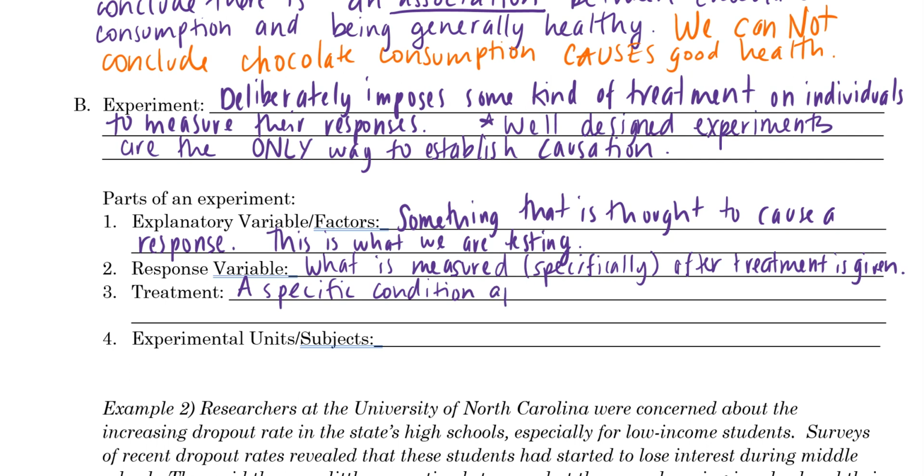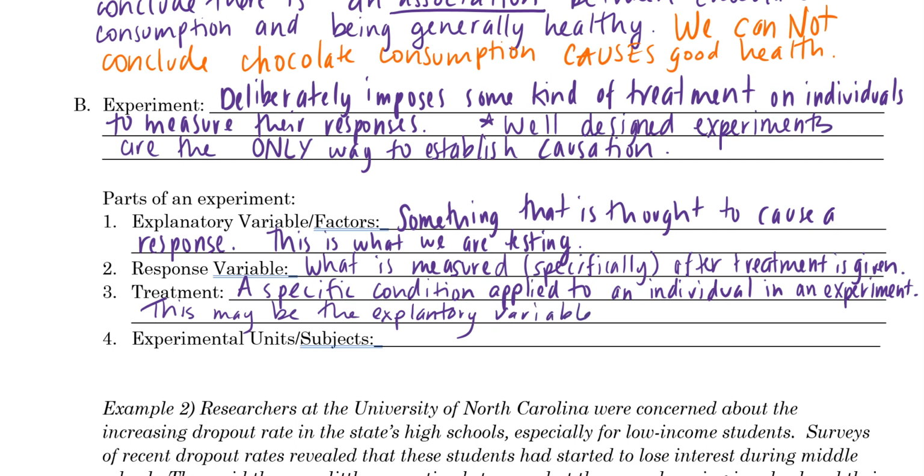So specific condition applied to an individual in an experiment. And this might be the explanatory variable or a more specific form of it. They might be exactly the same thing. Or it could be more specific.